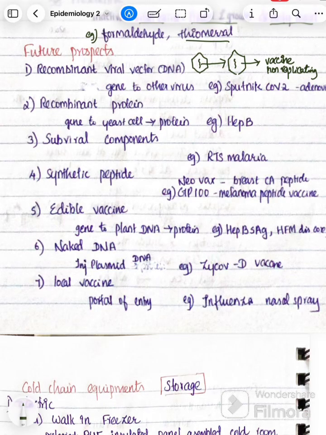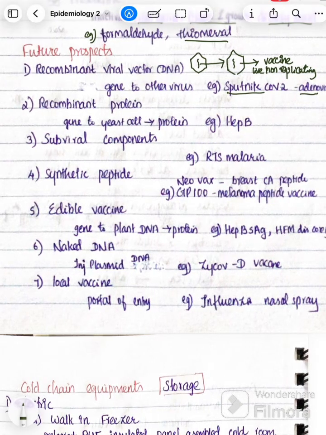But this is a live non-replicating virus. For example, the Sputnik COVID-19 vaccine uses adenovirus. From the COVID-19 virus they have removed the gene and inoculated it into the adenovirus, and used this adenovirus for the vaccine preparation.